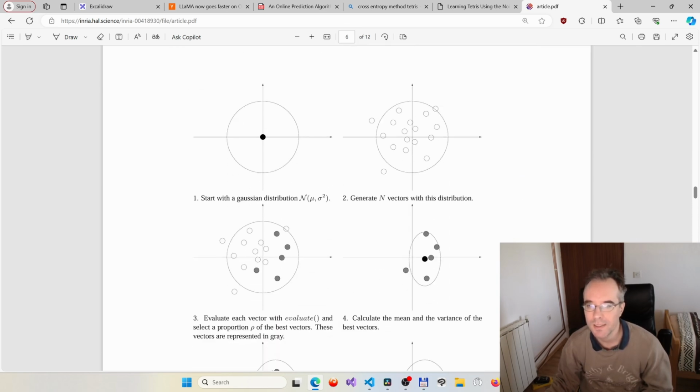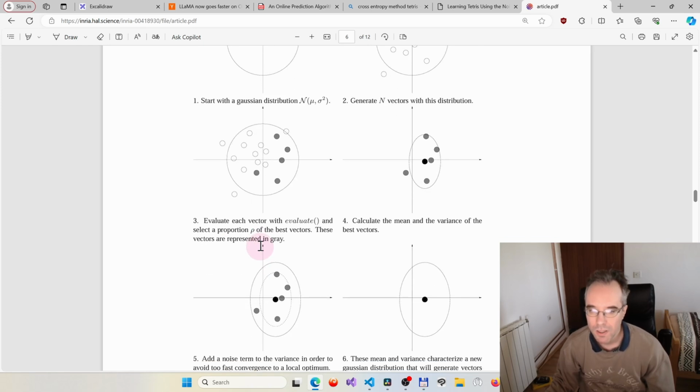And here it is graphically. You start with a Gaussian distribution. This is a two-dimensional one. You have a bunch of points. You evaluate each vector with evaluate and select a proportion of the p best vectors. These vectors are represented in gray. Then you get the new mean and variance.